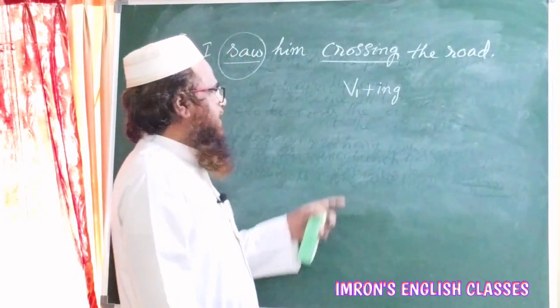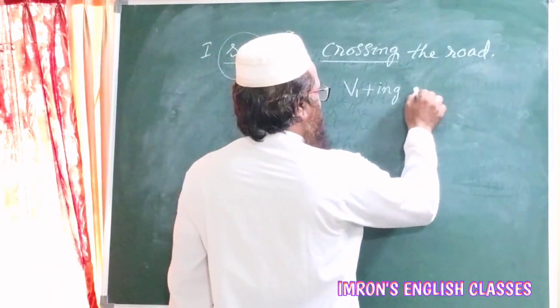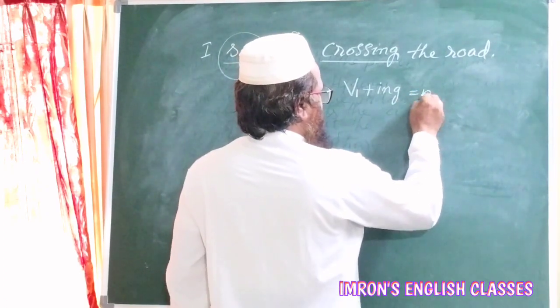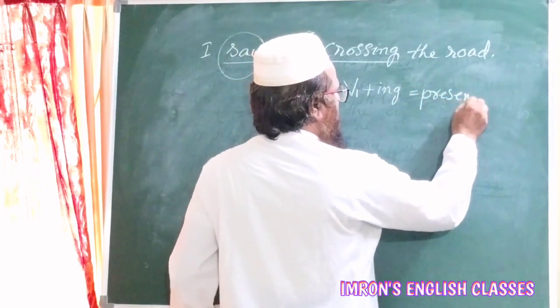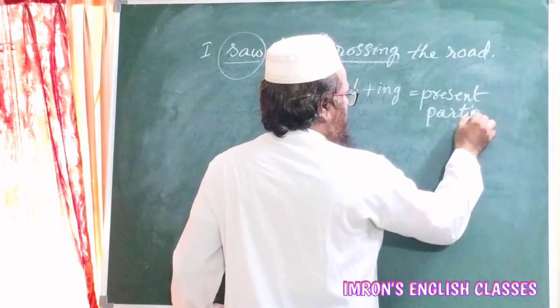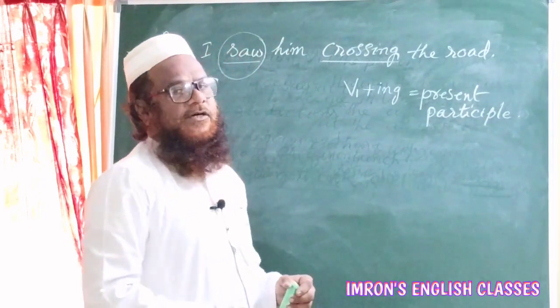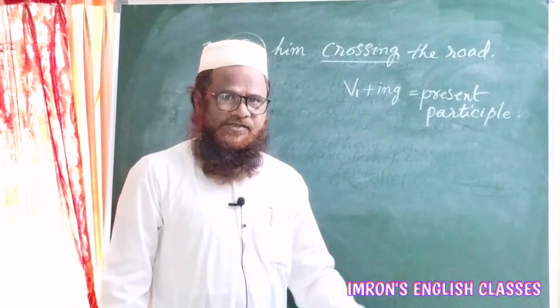And children often do this type of exercise to make a present participle. It becomes present participle. Of course, these ing form verbs are also called gerunds.